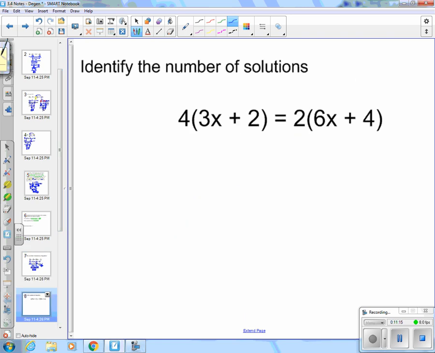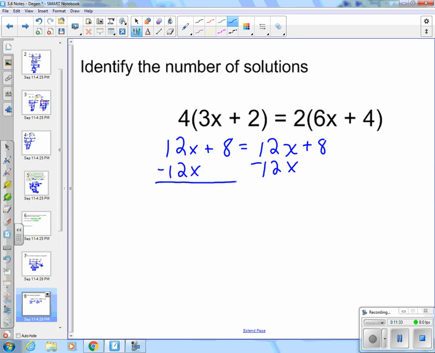Working through this problem, you see that you can do a little distributive property, 12x plus 6. Whoops, let's make that 12x plus 8 equal to 12x plus 8 on the right-hand side also. If we subtract 12x, our variables drop out and we're left with 8 equals 8.